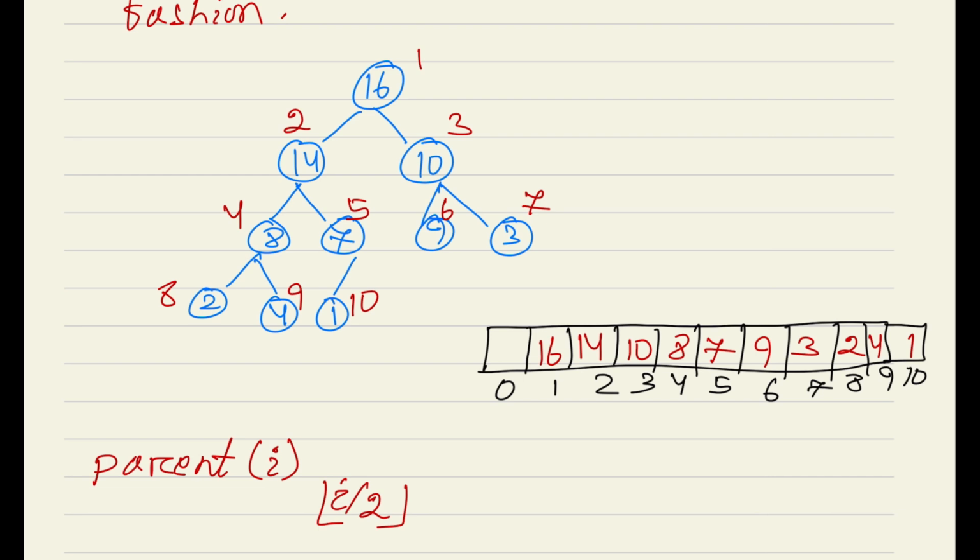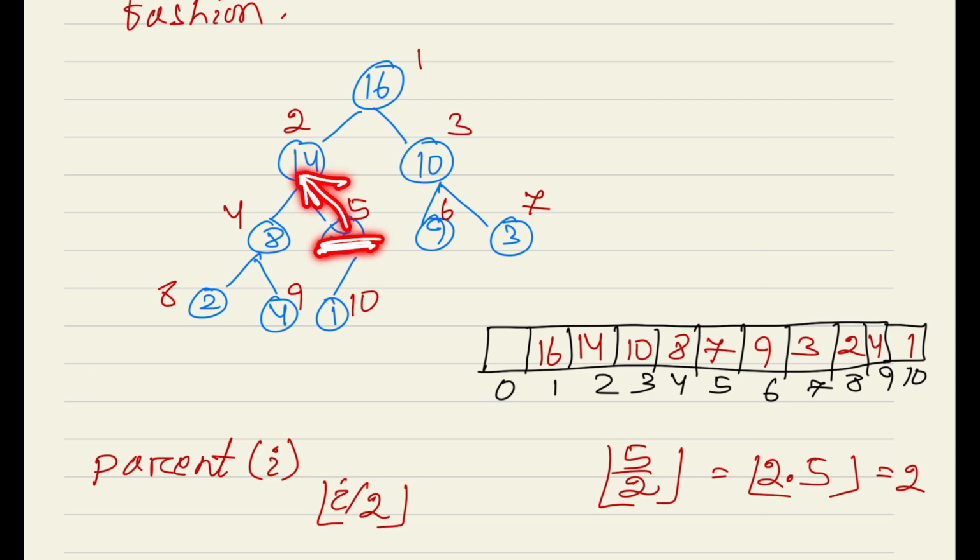Suppose I want to find the parent of 7. What is its index? 5. So 5 by 2 floor is 2.5 floor, and it is 2. So the parent of node 7 is at index 2, that means 14.